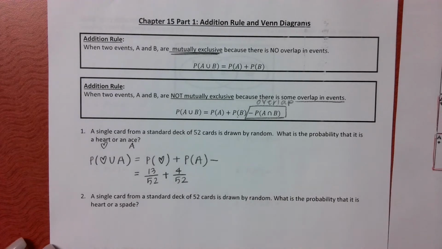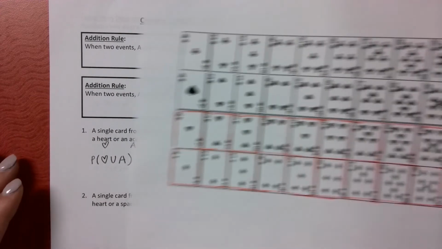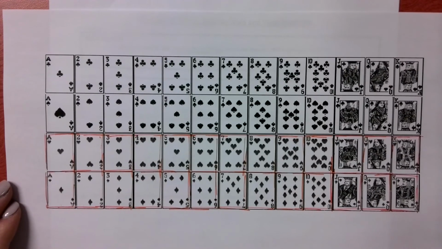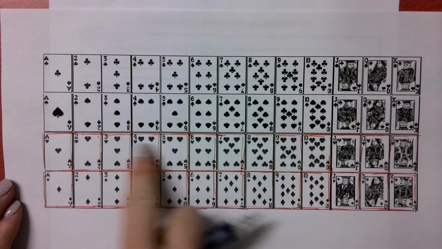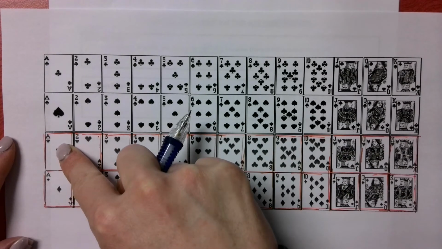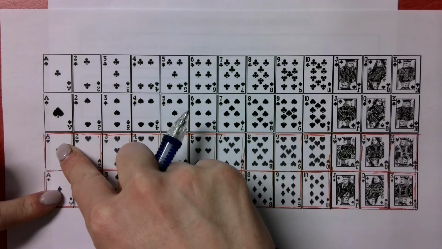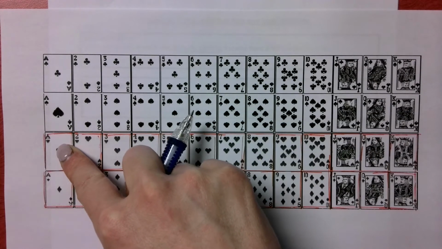Now, so far, if I'm looking for a heart or an ace, I'm assuming based on this addition, there's going to be 17 cards. If I look back at my sample space here, my hearts are 13, so I've got those 13, and then I'm also looking for an ace, so I would add 1, 2, 3, because there's 3 more cards that are aces. That would only give me 16.